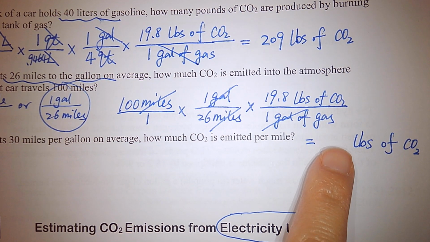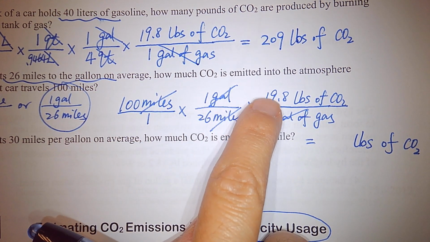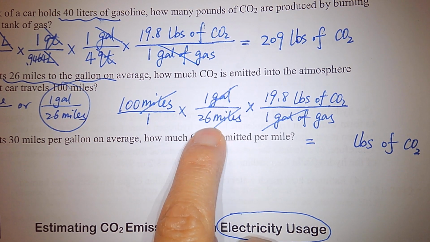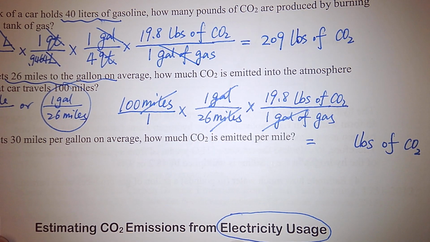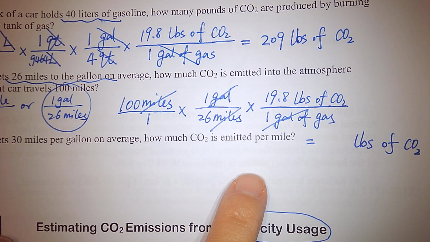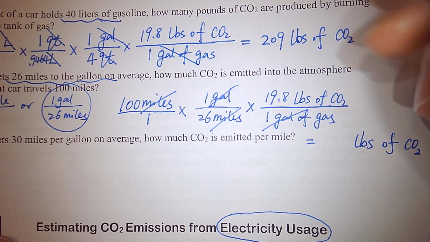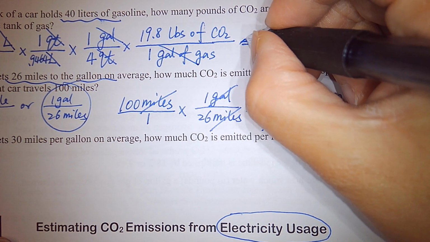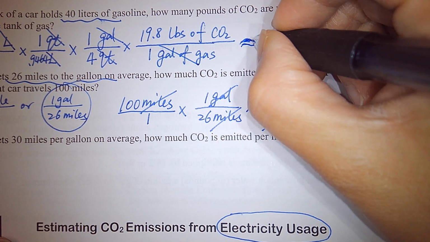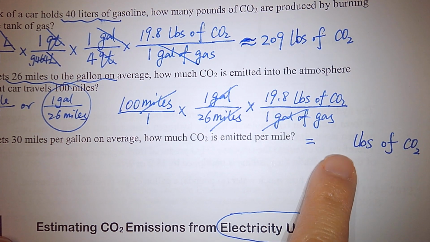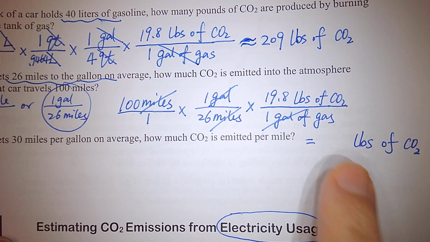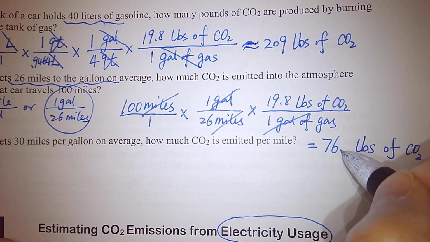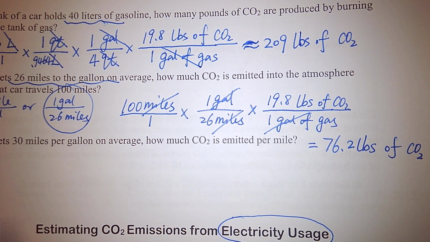All right, so 100 times by 19.8 divided by 26. What do you get? Yes, this is an approximation, okay? Approximation 76. Or some of you guys get 76.2, right?